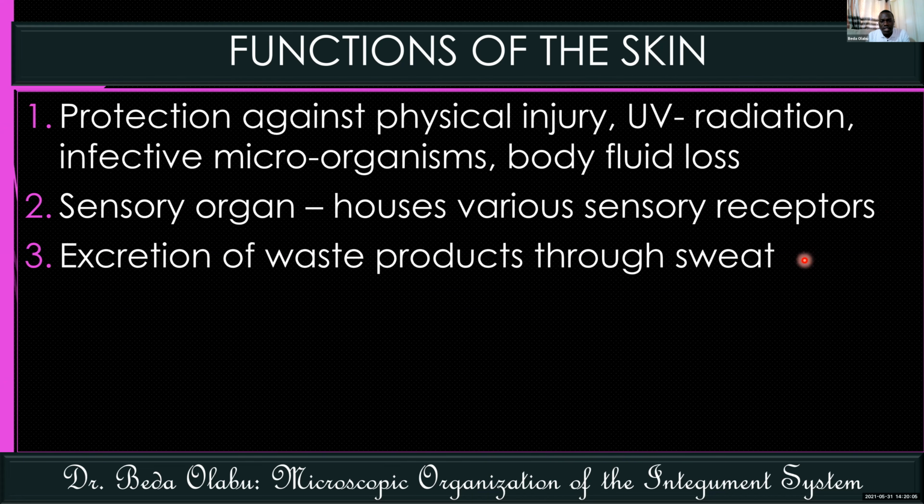The skin is also important for excretion of waste products. These waste products are excreted through sweat. So maybe excess salts and maybe urea are excreted through skin, through sweat. Ever wondered why when it is too hot, you urinate less?